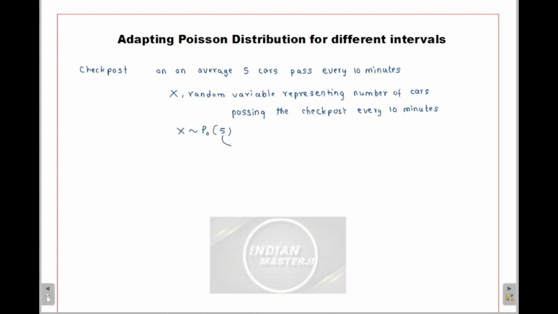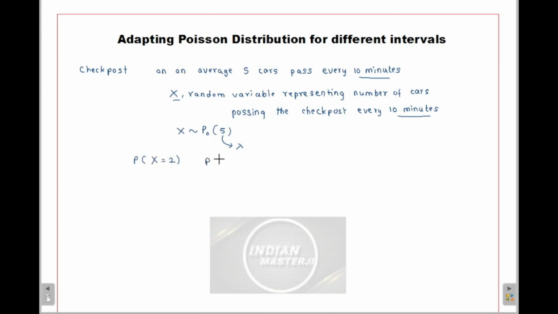This mean value was defined for 10 minutes and x was also defined for 10 minutes. Correct? This is our lambda. This lambda equal to 5 was given for 10 minutes and x was also defined for 10 minutes. And we have seen questions on this interval only, like if they ask you to find the probability of x is equal to 2, that means find the probability that in a randomly chosen 10 minutes exactly 2 cars pass through the check post.